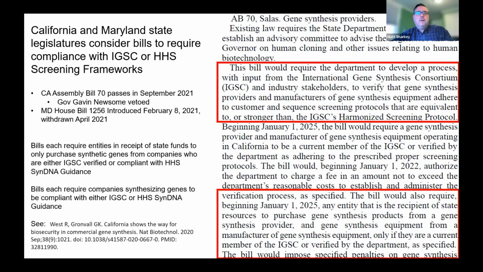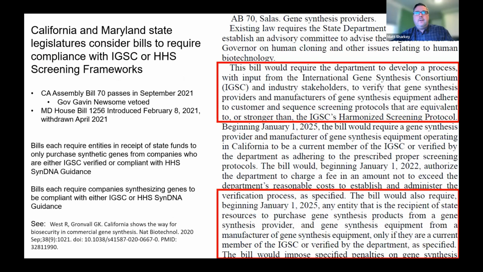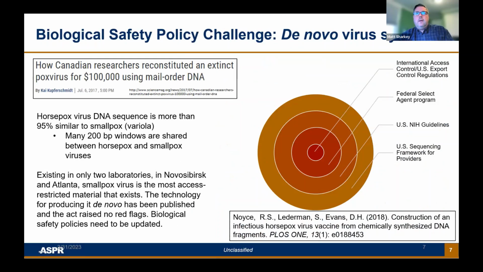I'll also mention that Gigi Gronvall spoke in favor of the Maryland bill in 2021 in front of the Maryland Assembly. I'll mention also that those bills themselves pointed to either the IGSC harmonized protocol or to the HHS guidance. I think the Maryland bill was pointing to the HHS guidance, whereas the California bill pointed to the IGSC protocol. Once again, neither of these are law in either state at this point.